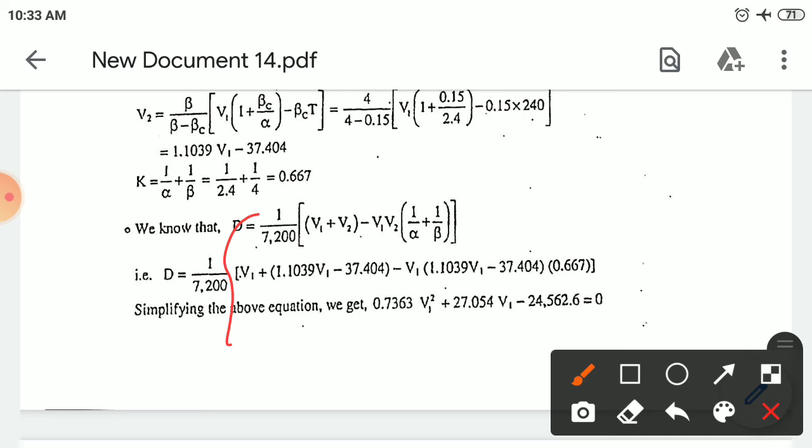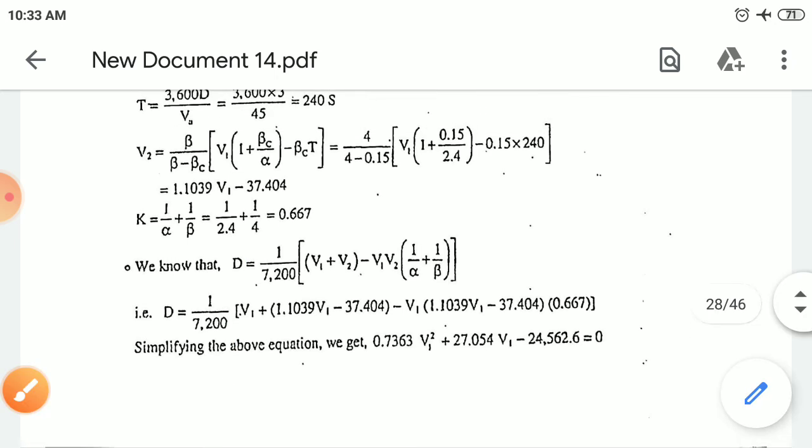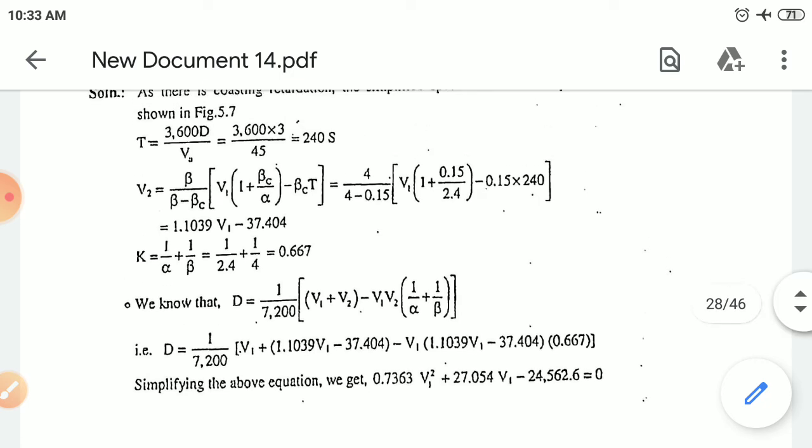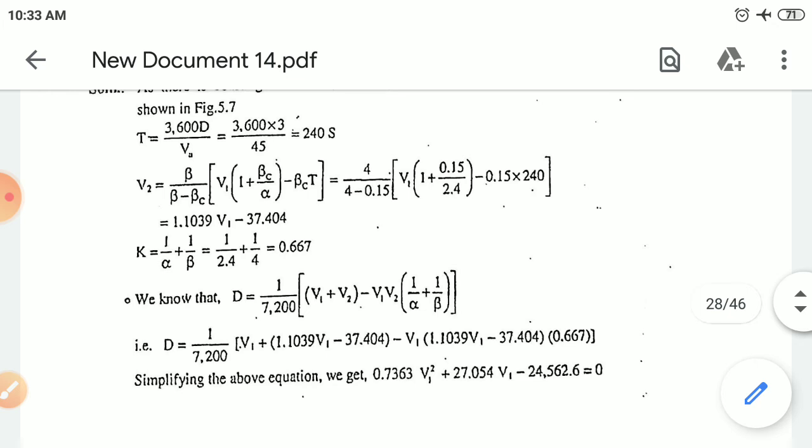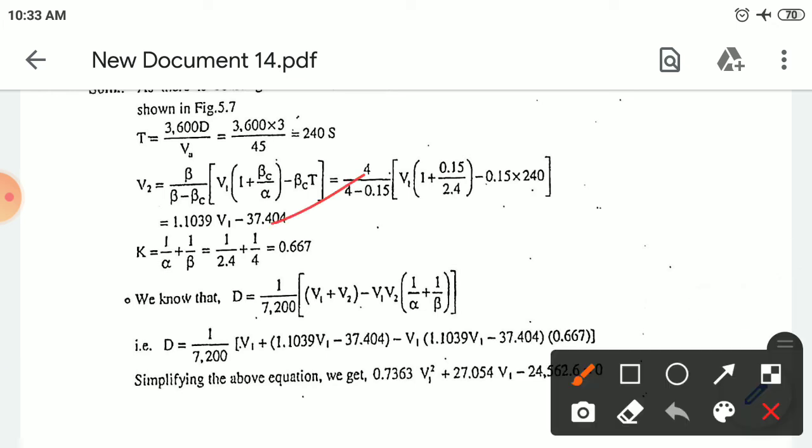Just substitute all this into the equation.